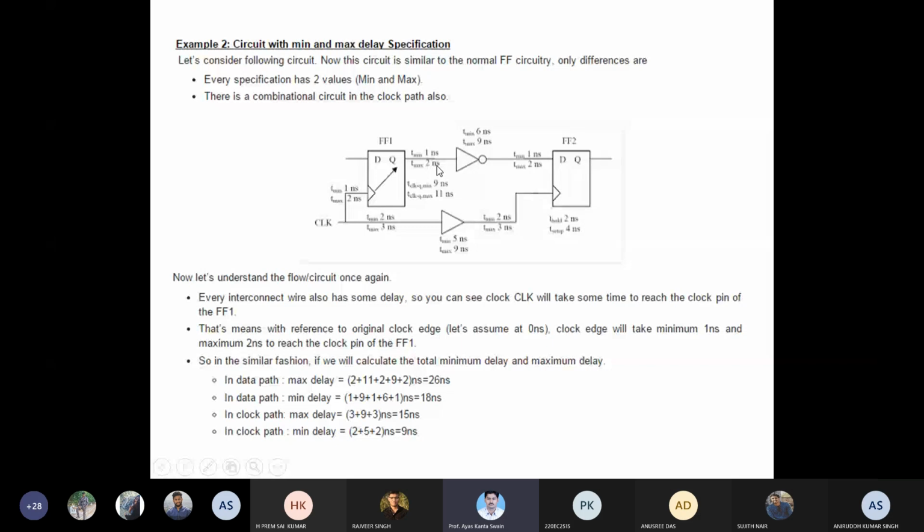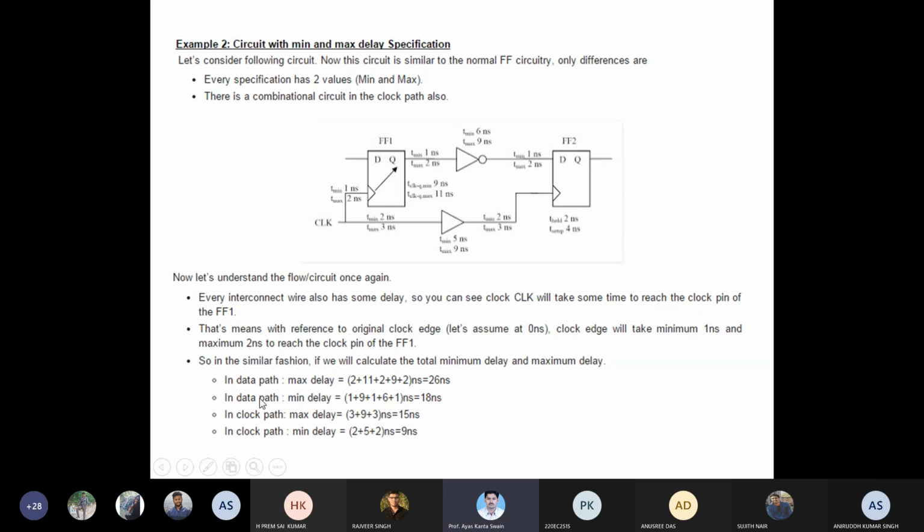Then the flip-flop has a propagation delay of 11 nanosecond. Then before the inverter you have 2 nanosecond. The inverter has 9 nanosecond. Then before flip-flop 2 you have 2 nanosecond. So the maximum delay in the data path is 2 plus 11 plus 2 plus 9 plus 2 equal to 26 nanosecond. Okay.